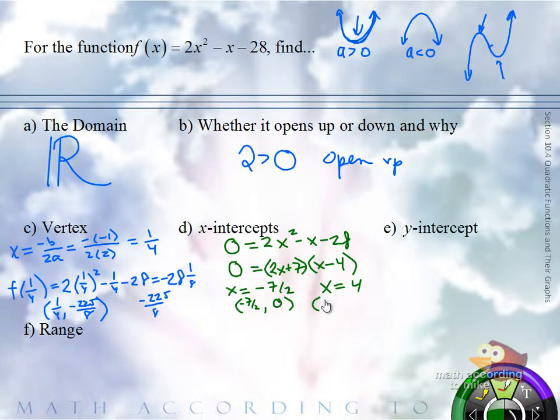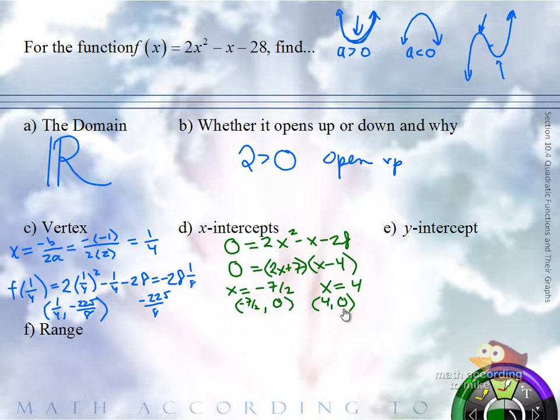And the other one? What is -7/2 plus 4? One half. What's half of 1/2? 1/4. Well, here's the deal.